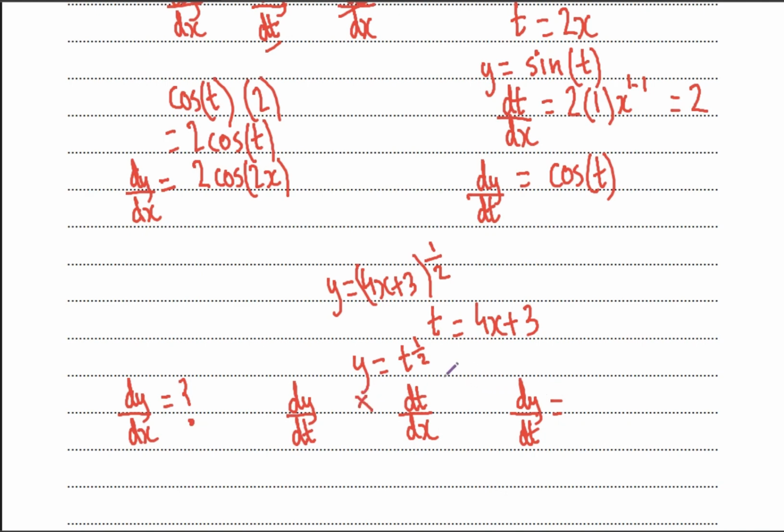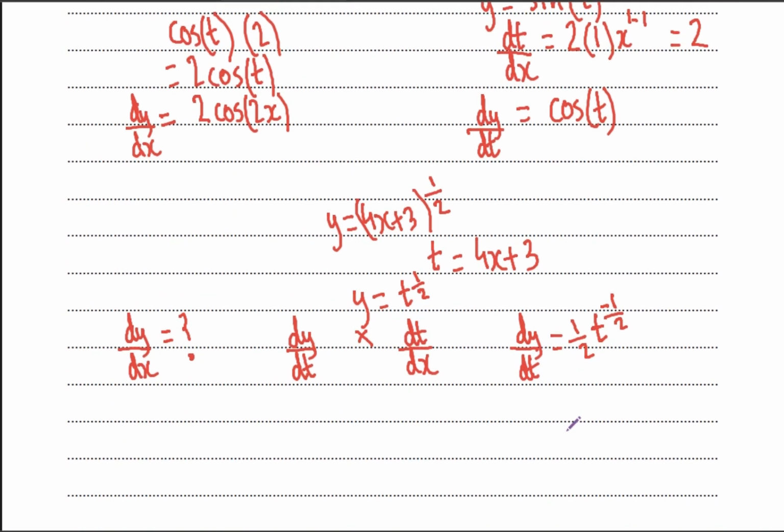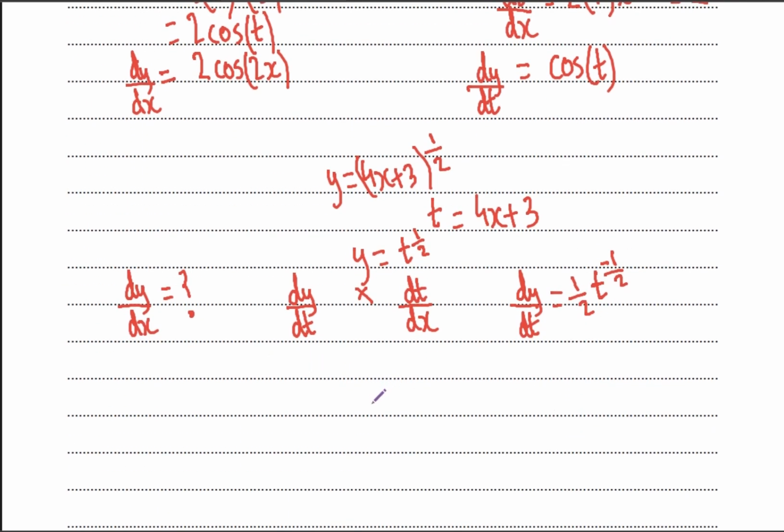dy by dt is equal to, take the derivative of this function right here. So you have a half in front, because the half goes here from the power rule, times t to the power of a half minus 1, which is negative a half. And then you have dt by dx, which is equal to, well, t is just 4x plus 3, so we just do the power rule on x now.